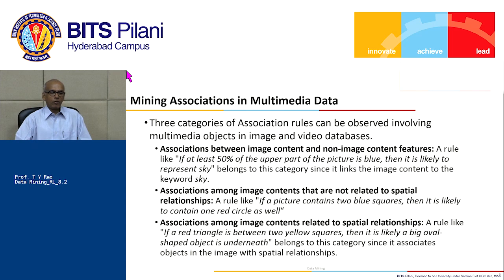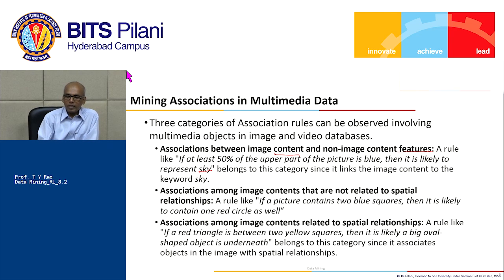When we are looking for association analysis within the multimedia data, it can come in several forms. One is related to image content and non-image content. For example, let's say for an image, we are dealing with features which do not belong to the content. Let's look at an example. If 50% of the upper part of the picture is blue, then it represents sky.